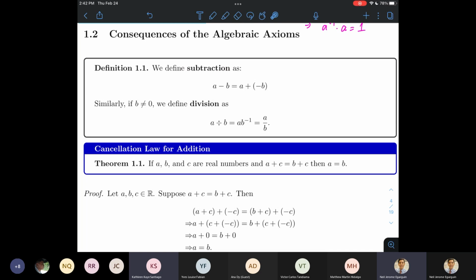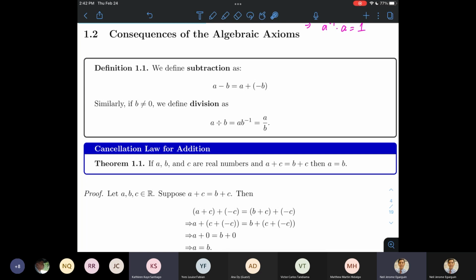And in the same manner, whenever B is not equal to 0, we can define an operation which we can call division, by using the undefined operation multiplication.